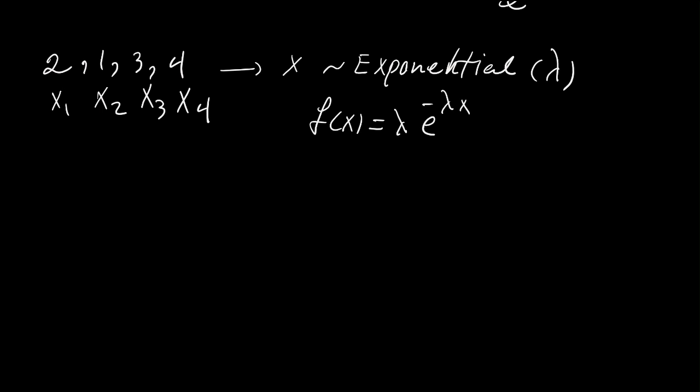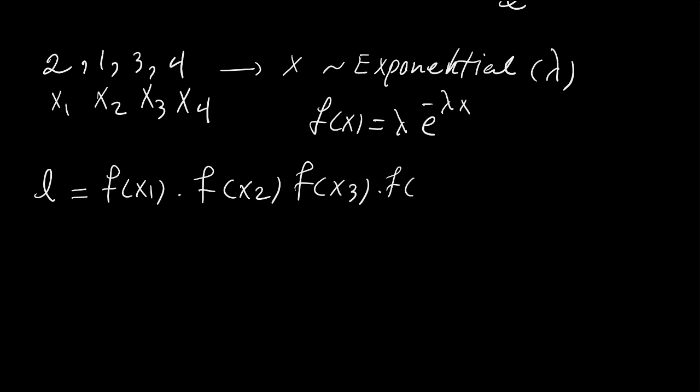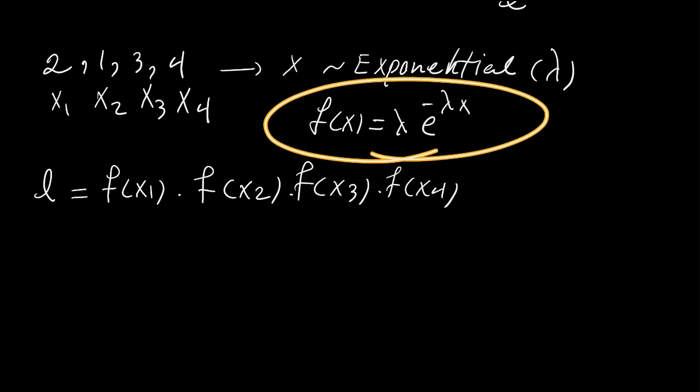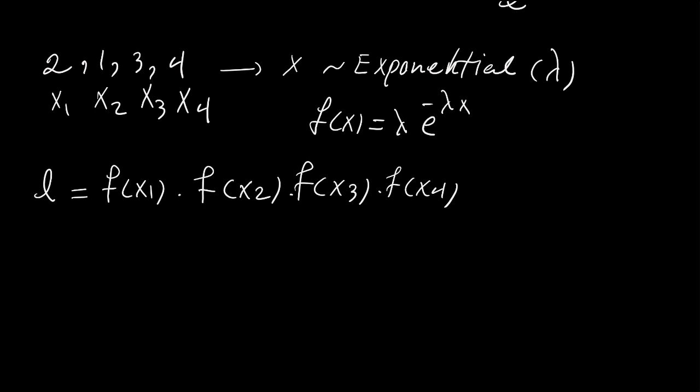So I have f of x1, f of x2, f of x3, and f of x4. Function L is the multiplication of these functions, and each of them has this definition, lambda e to the negative lambda x.